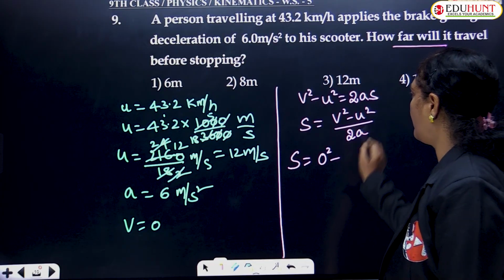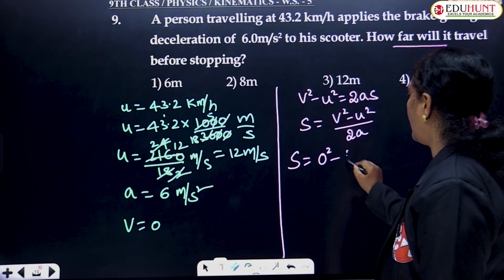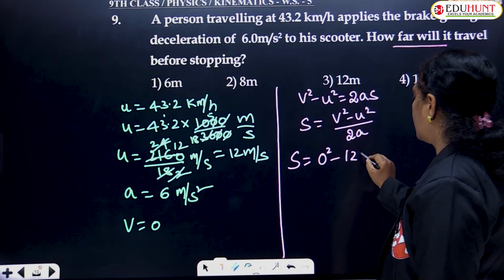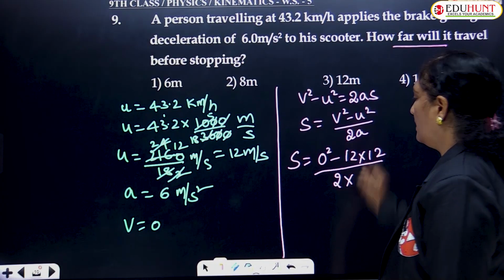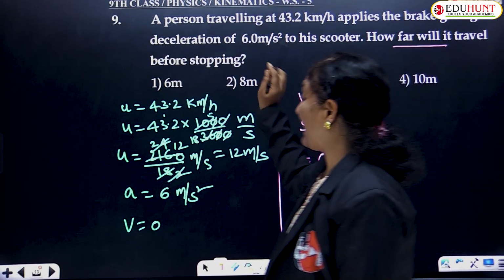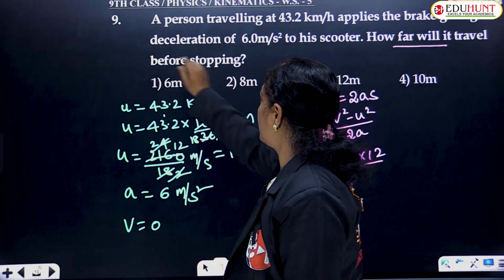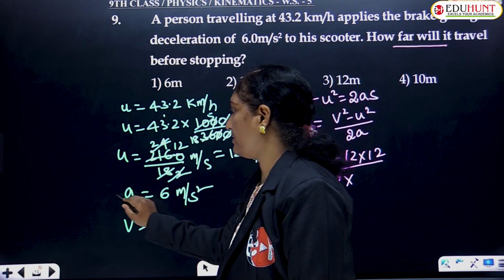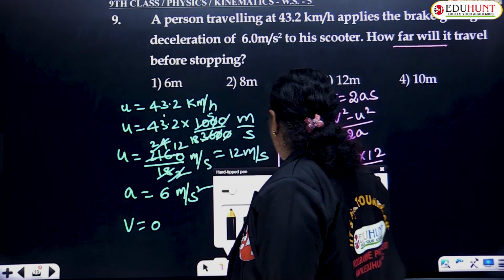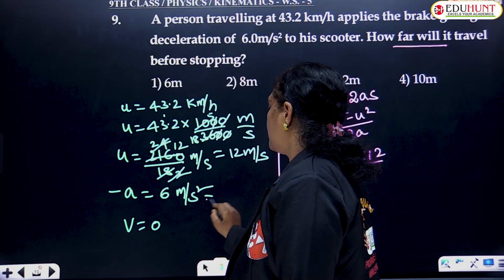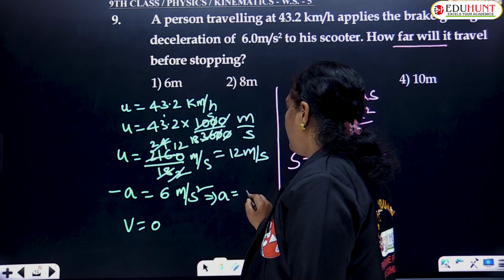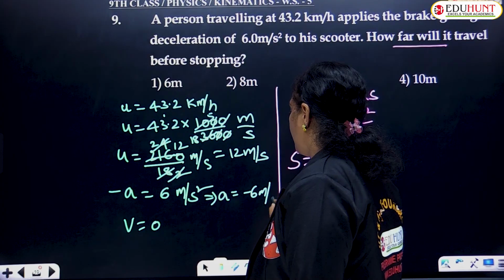So 0 square minus initial velocity 12 square, which is 12 into 12, upon 2 into A. Deceleration was given as 6 meter per second square. Deceleration means instead of A, let me take it as minus A. If minus A equals 6 meter per second square, A will be minus 6 meter per second square.